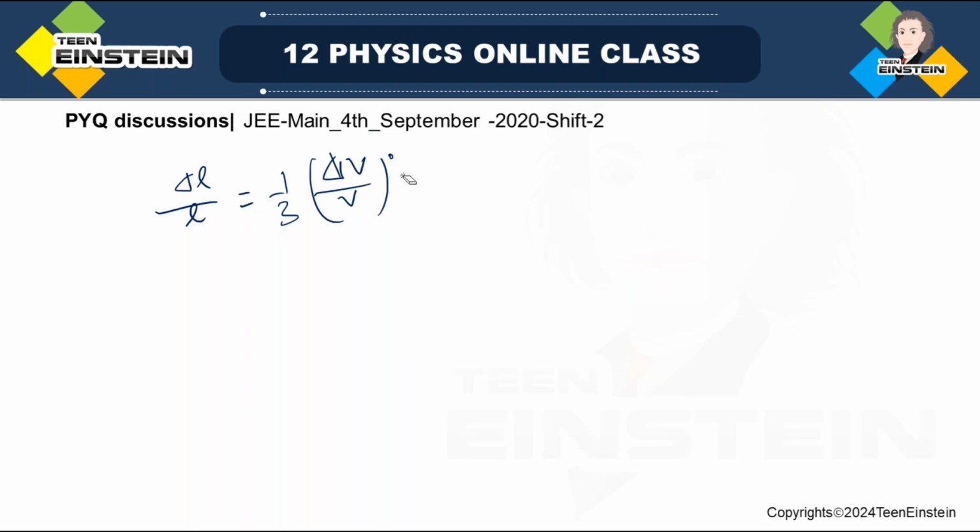This delta V by V, 1/3 into 100, will give you the percentage. Okay, so we know this. We have found out.